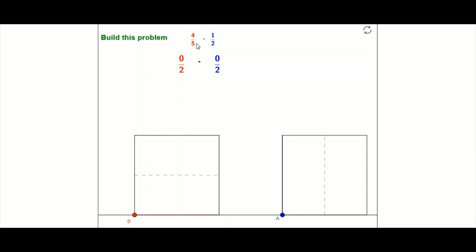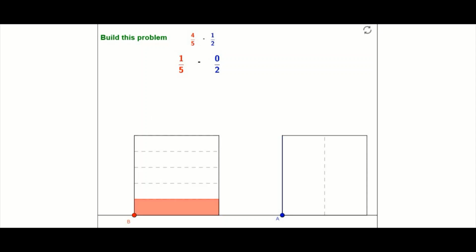Now to the next problem, we have 4/5, so it means that we should divide this rectangle into 5 equal parts. So here we have 1, 2, 3, 4, 5 equal parts. Means that we should shade 4 parts out of the 5 equal parts.